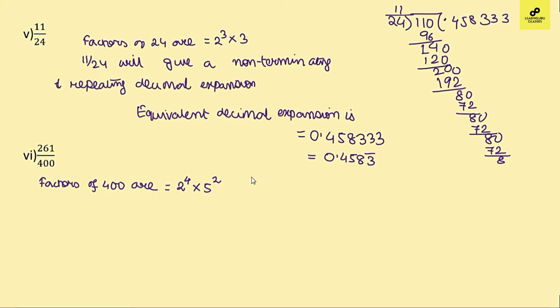Okay, so this is in the form of 2 to the power of n into 5 to the power of n. So here you are getting 261 by 400 will give a terminating decimal expansion.